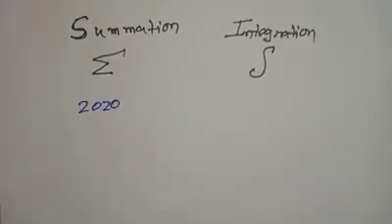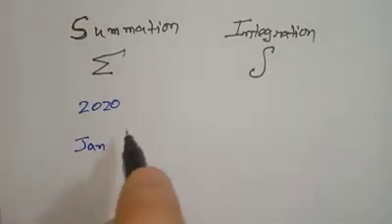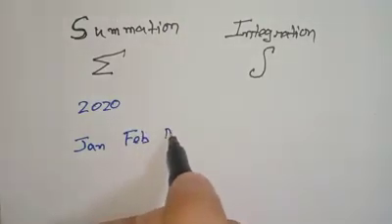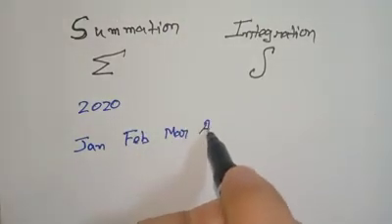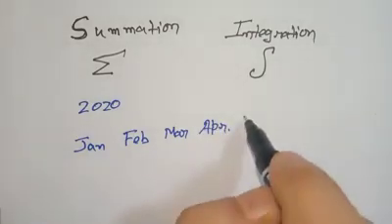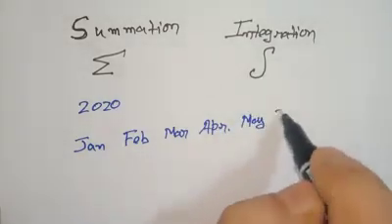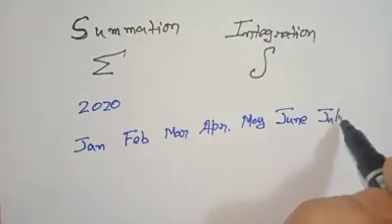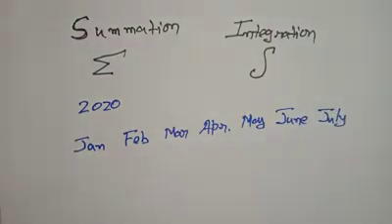Hypothetically, we are taking a company which is running from January, then February, March, April, May, June, July. I will take up to this range, right?